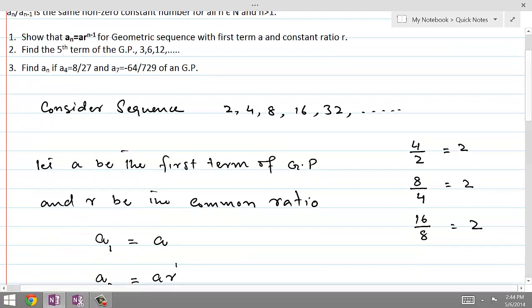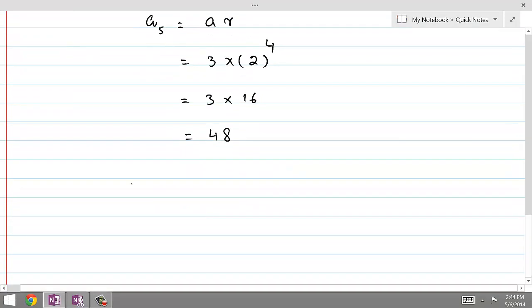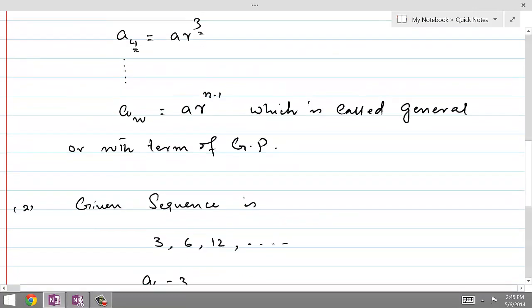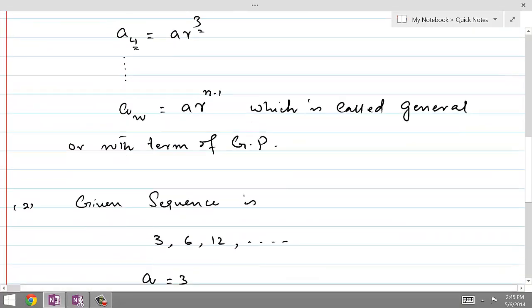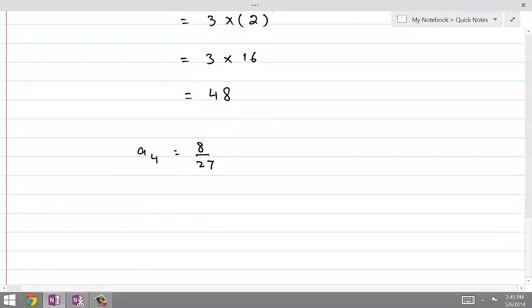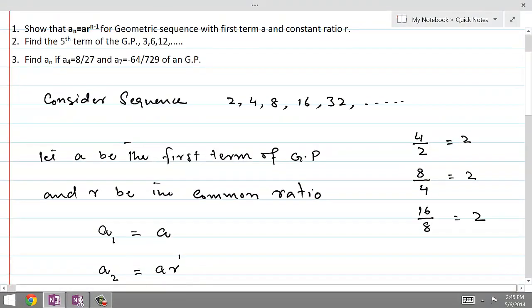So A4 is equal to 8 by 27, and there is another term that is given, A7 is equal to minus 64 by 729. That was the seventh term.